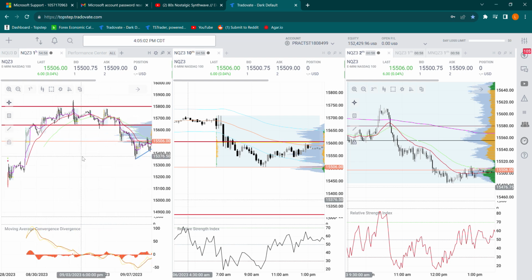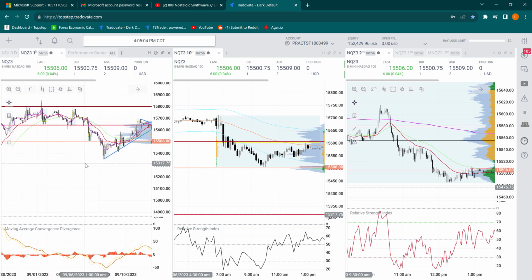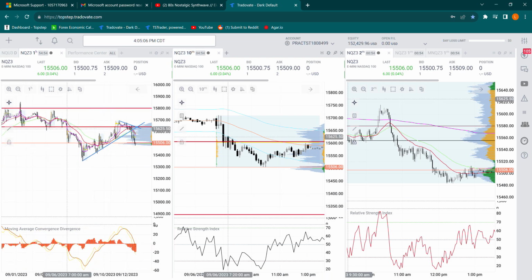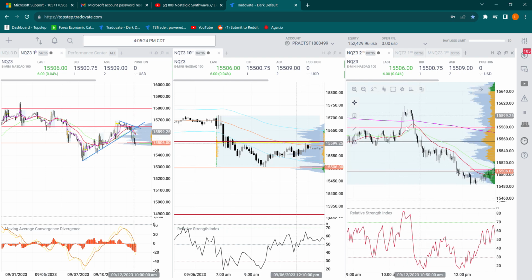But in the patterns that I'm seeing, this is a really good entry. If your risk parameters are too high because you're entering on the 10-minute on the NASDAQ, you'd be like 500 to 1,000. That's a little bit too high for you. Find a trade on the 1 minute.